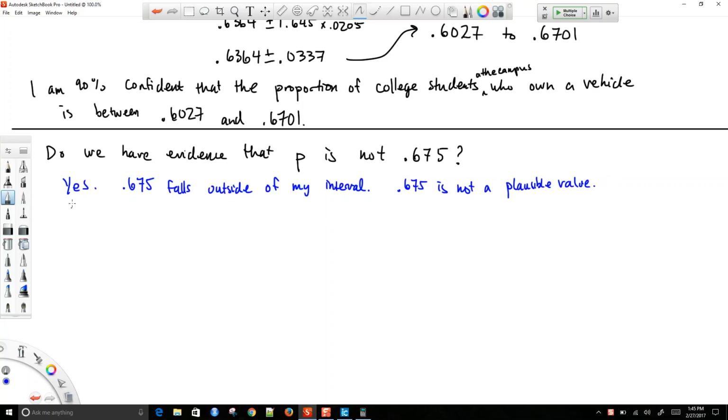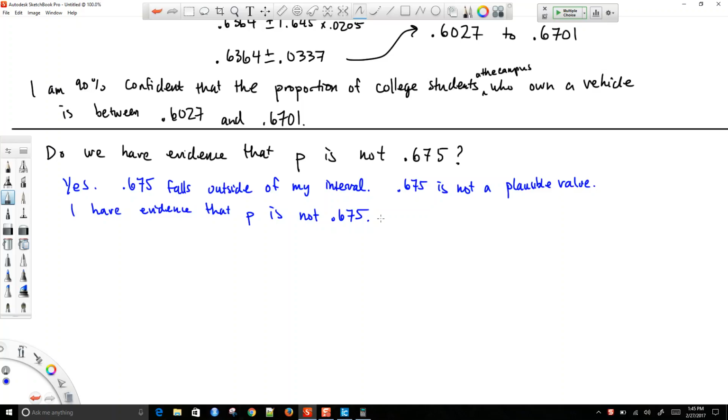And I can say, I have evidence that P is not 0.675. All right, is that okay?